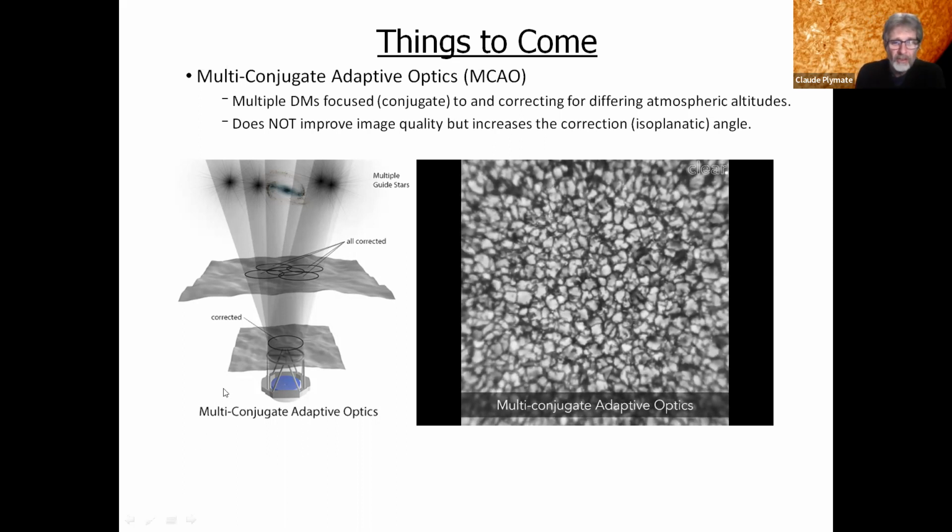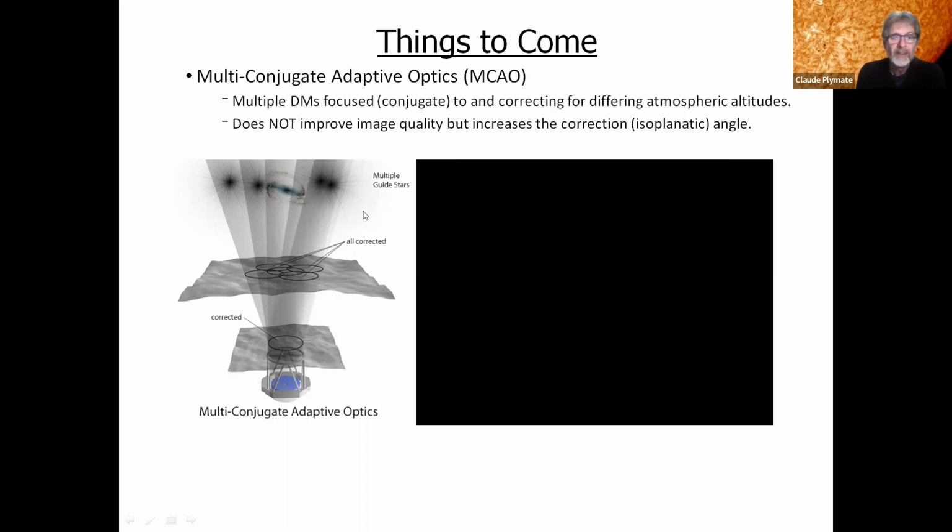Multi-conjugate adaptive optics, I'm not going to go into detail, but it uses multiple deformable mirrors which correct for discrete, separate atmospheric layers independently. Now, this does not lead to an improvement in image, but it takes that corrected area and makes that applicable to a wider isoplanatic angle.